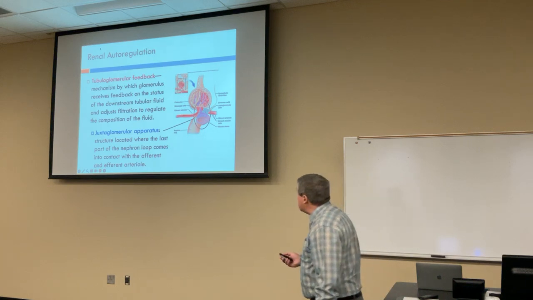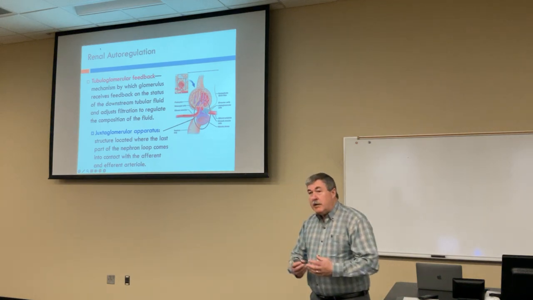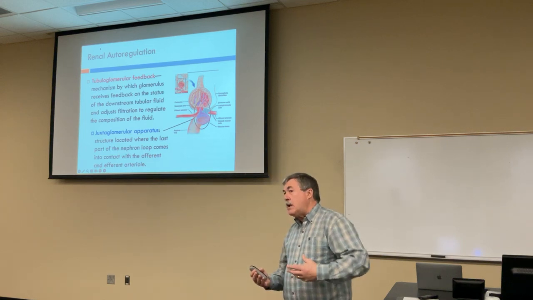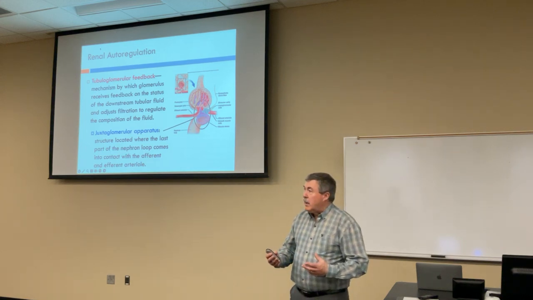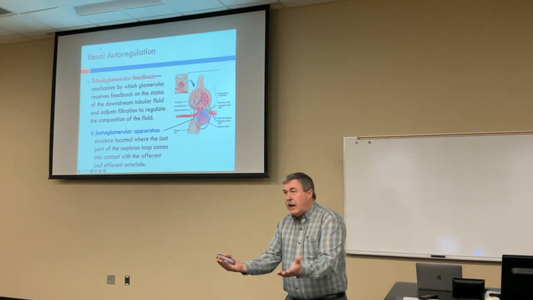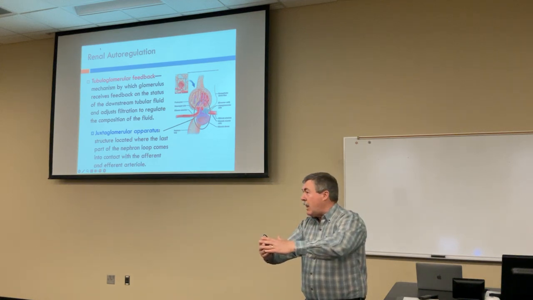So in reality, the nephron is not shaped like it was in that diagram I showed you when we identified the different parts of the nephron. In reality, it's kind of folded in half.